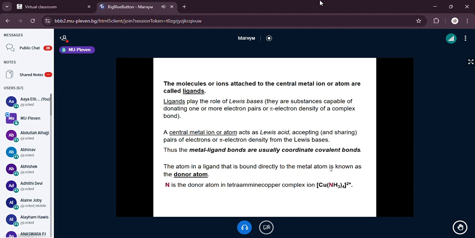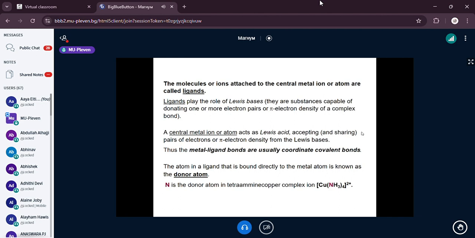When we talk about ligands, in the molecule of the ligand there is usually an atom directly bonded to the central metal ion or central metal atom. Such an atom is named the donor atom because this atom donates an electron pair to the central metal ion.